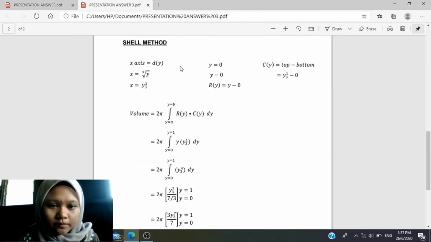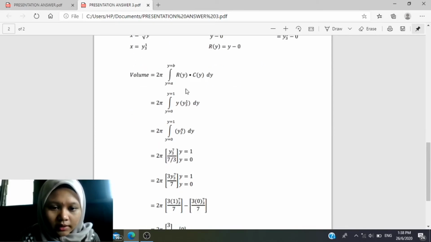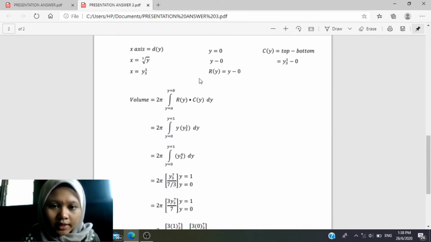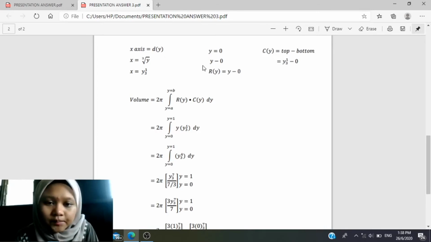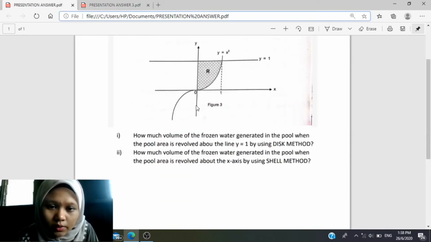So when we revolve about the x-axis, we have a clue of dy here. Alright, and then we just replace the ry. This is ry because y is equal to 0 here.